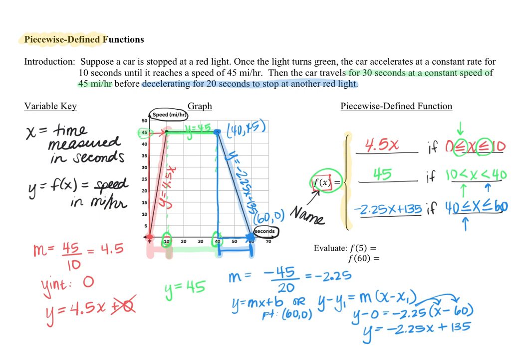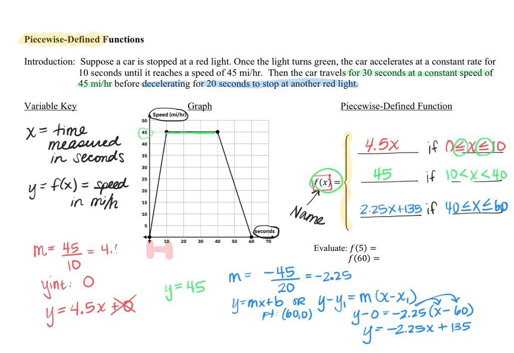Now these last 2 questions ask us to evaluate f of 5 as well as f of 60. And I want to show you how you can do that on the graph as well as using just the function. So f of 5, remember, is asking you to put 5 into the function. In other words, if 5 is my x value, we're looking at a time of 5 seconds. So if we were to go on the graph to approximately 5 seconds, then we're trying to find the output, the y value.